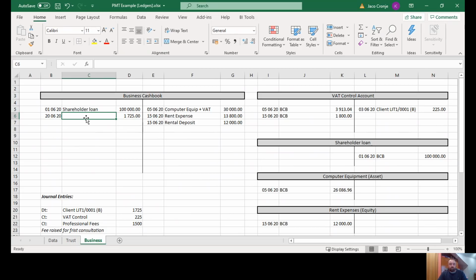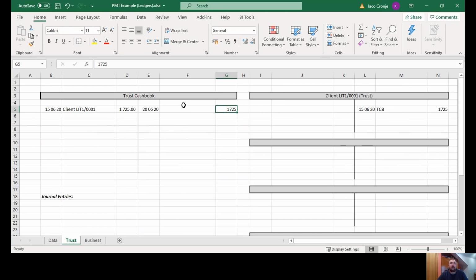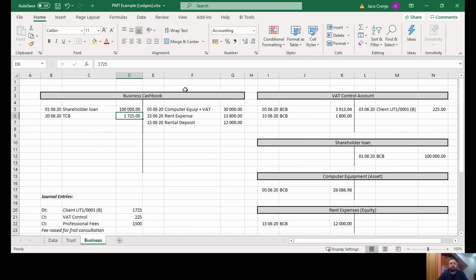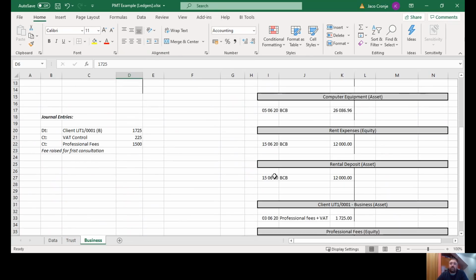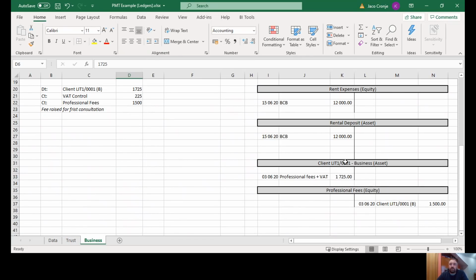And what is my description? There it came from the TCB, and in this one it came from the BCB. All right. Now there's still a problem here, because now I've taken the money into my business account, but it still shows that my client owes me money.